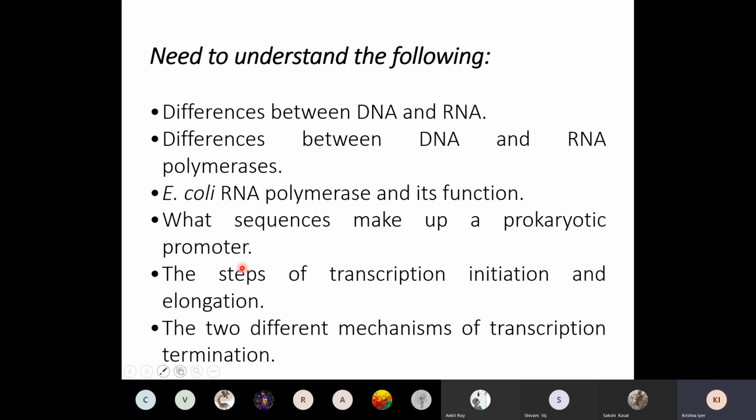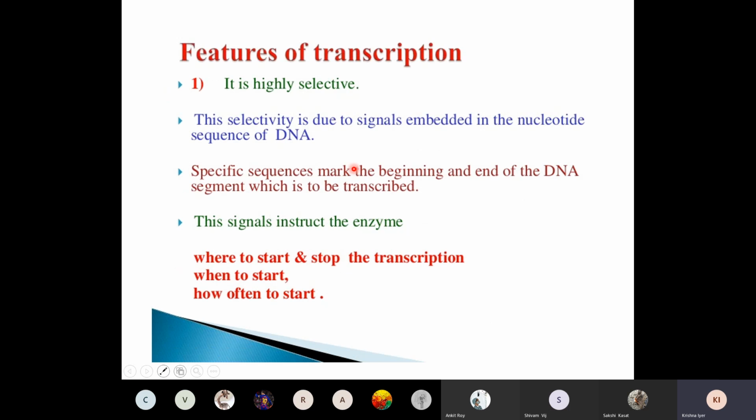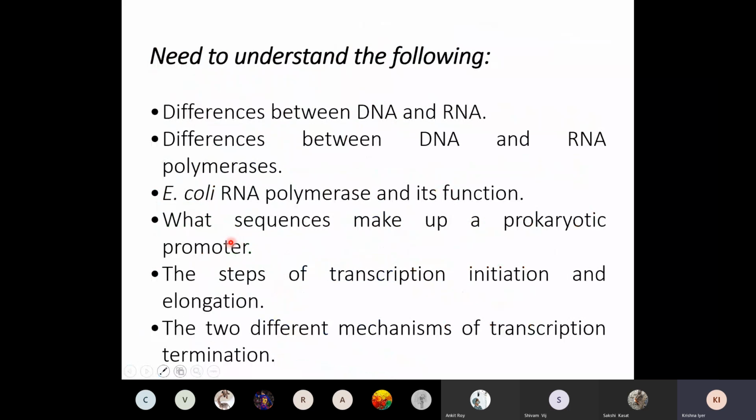Specific sequences mark the beginning, and specific sequences tell you when to start and how often to start. Part of that is what is called a promoter. And what are the actual steps by which transcription occurs? Basically initiation, elongation, and then how does termination occur? And there are two ways termination occurs, which we'll be looking at a little later.